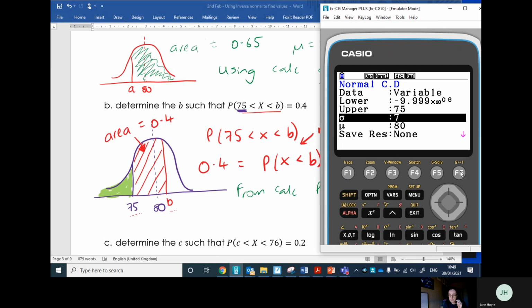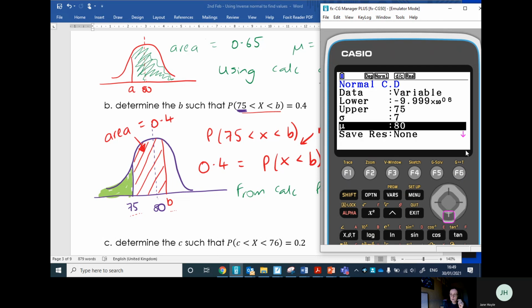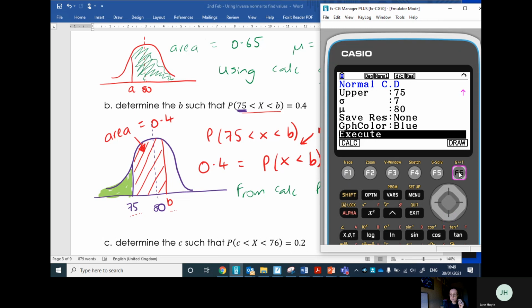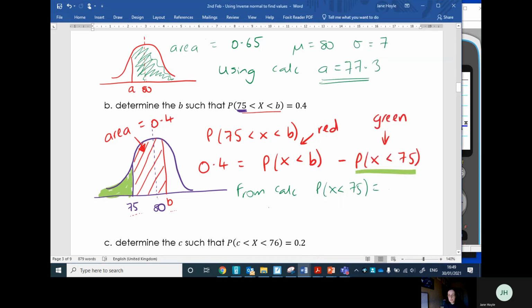So that is F6. Do I have to press the arrow button? No, F6, it needs to be actually on the screen. Yeah, it sketched it for me. That looks good. So look at the probability there, 0.2375. So what that means is that the probability, the green bit, is 0.2375.